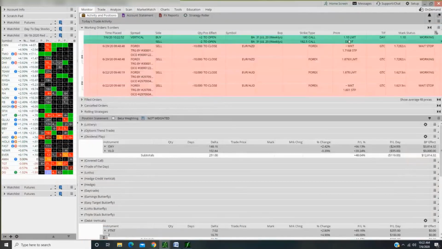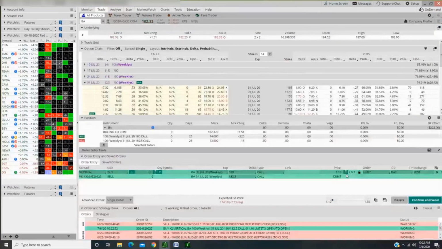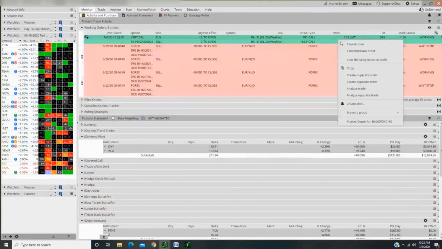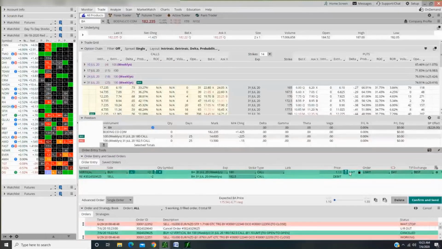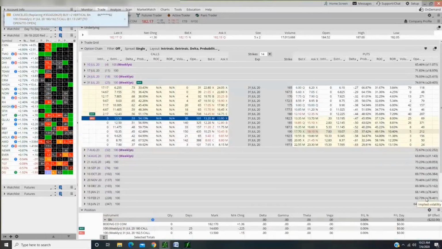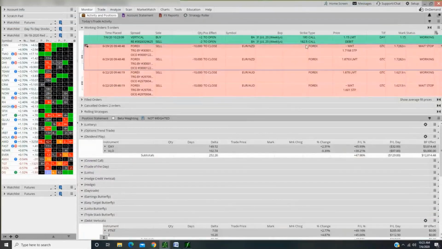Might not fill right away. I'm willing to go up to 115. Let me try 1.13. Okay. I'm going to put it at 115 and then I'm going to hold at 115. I'm not changing it anymore. So here's what I'm trying to get. Selling the 182.5, buying the 180, debit 115.